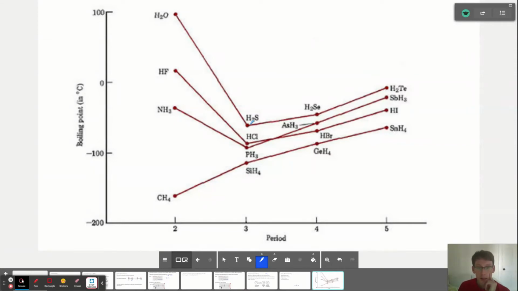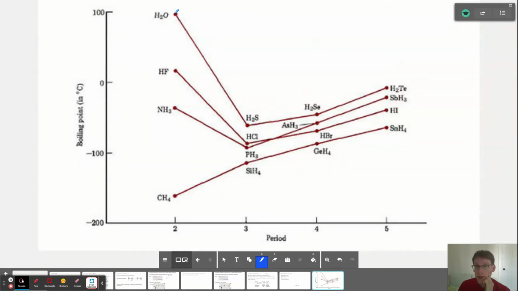Actually, the polarity is higher in hydrogen sulfide than in hydrogen telluride, but apparently that isn't the factor that matters most. Data shows that hydrogen telluride has stronger IMFs because it has a higher boiling point. The difference, though, here is that water has the highest boiling point of all.